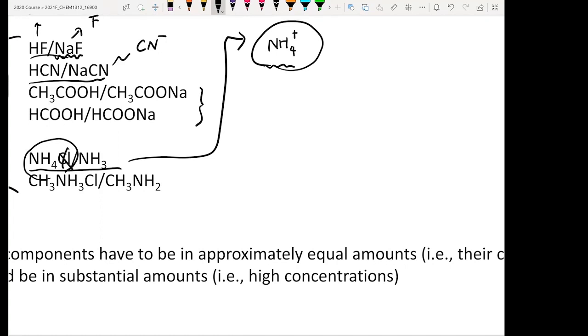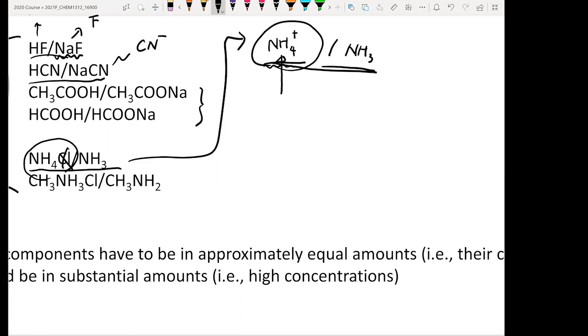The remaining part, NH4 plus, is a conjugated acid of a weak base. So that is the acid you have, and then NH3 is the weak base you have. This is also a conjugated acid-base pair, and a good combination for a buffer as well.